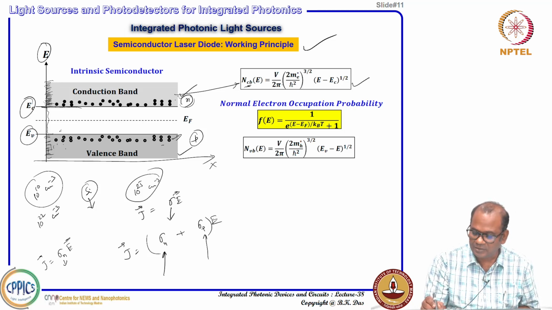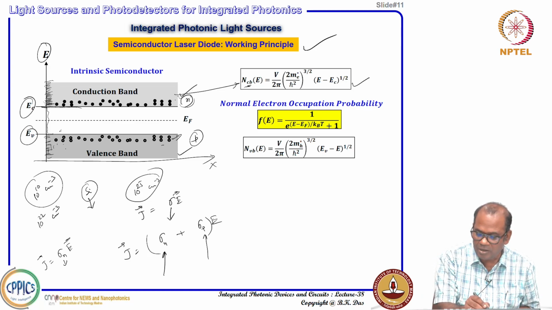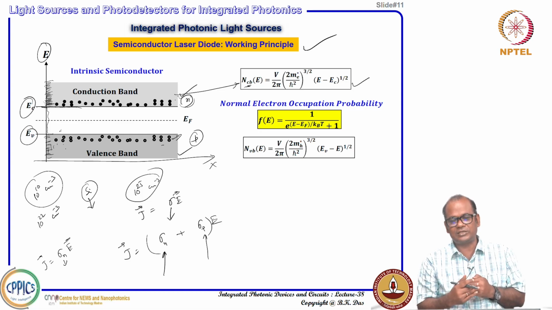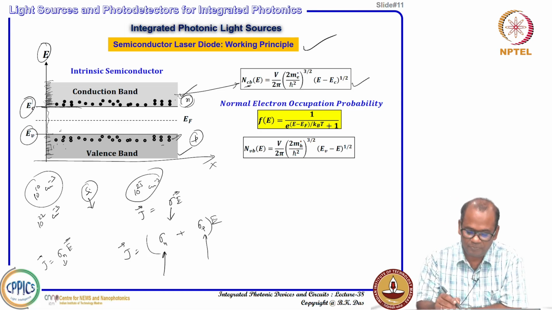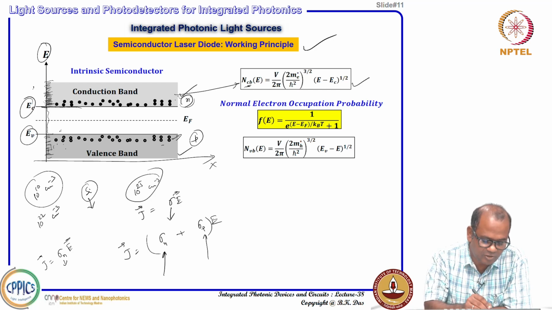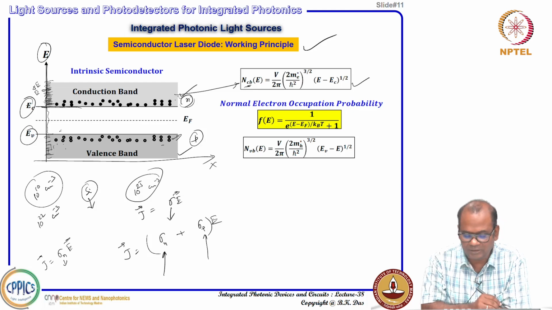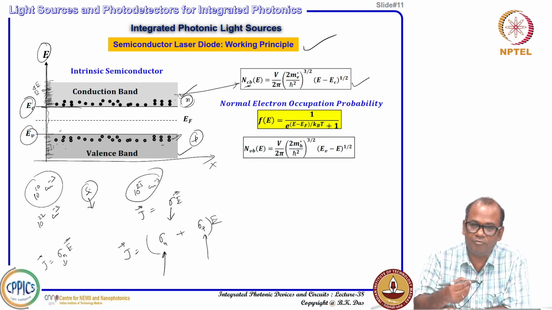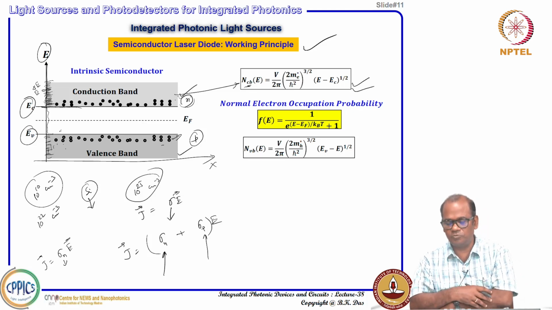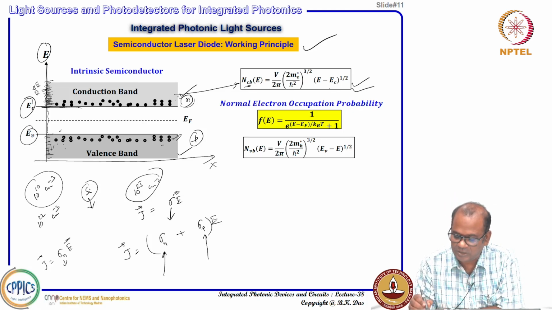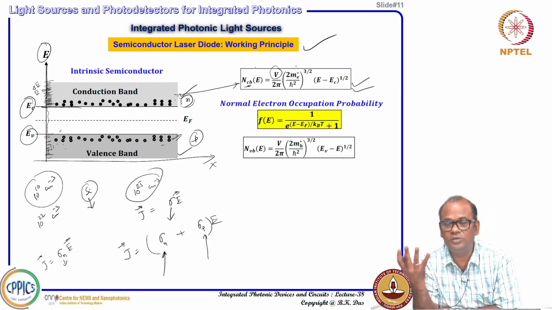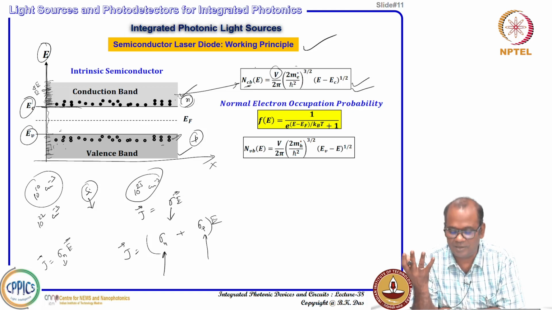So, in the conduction band, consider the number of energy states available per unit of energy. Suppose you consider delta E; this is your E, this is Ec, and above Ec you consider a certain value of E. At that particular point, the number of energy levels available at E can be expressed, as you can find in any solid state physics book, by this expression, where V is the volume of the material you are using.